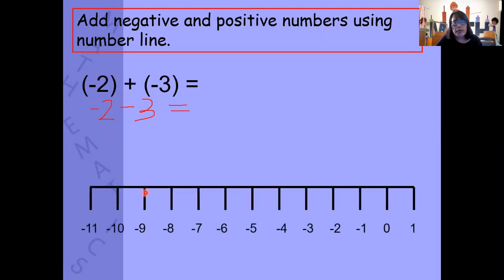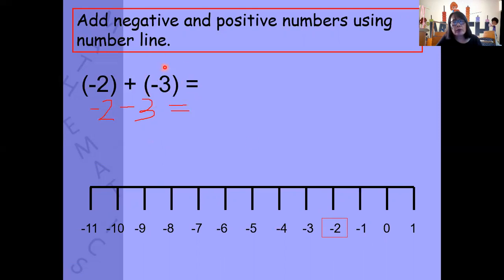Now, here is my number line. The first thing you're going to do is mark the first number on our number line. Here you go. So -2 has been circled. I boxed the -2 here. Now, let's go to the second number.